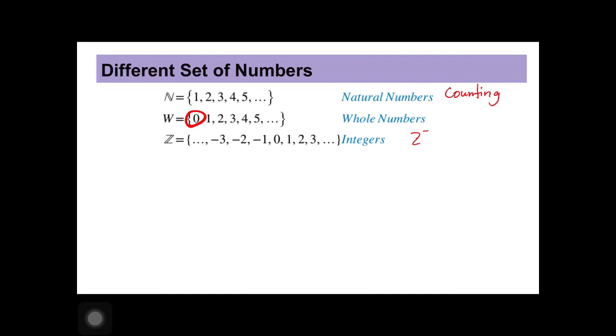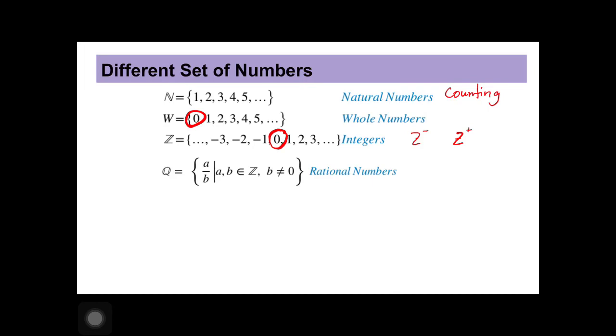If you are going to talk about positive integers, you have Z plus. Take note, everyone, 0 is neither negative nor positive. So it means it doesn't have any sign. It's just 0. It's not negative 0, it's not positive 0, it's just 0.